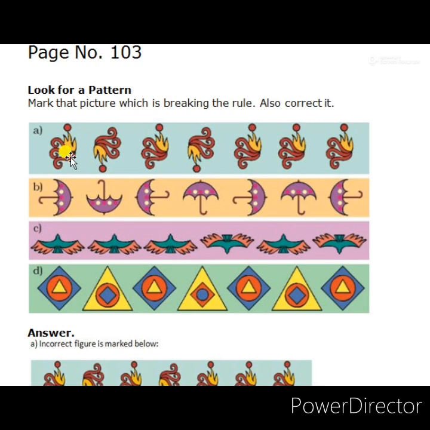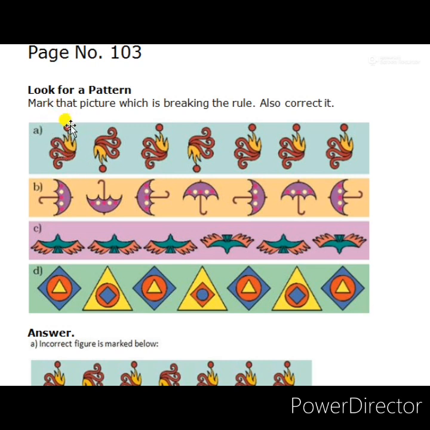In the first figure, the orange to yellow color is on the upward position and the circular design is also on the topmost portion. But in the second figure, it comes just upside down, that means the opposite side of the first figure. In the first figure, the circular design was on the topmost portion.